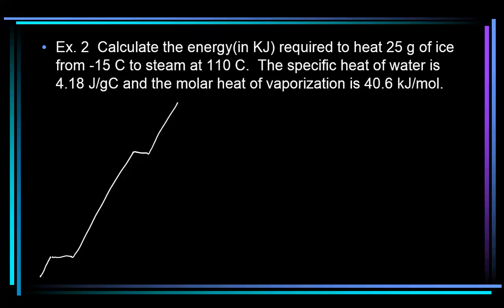25 grams of ice. First of all, what are all the different parts to this? 1, 2, 3, 4, 5. If you're ice, where are you? 2. That's okay, he's right, it could be at 2. 25 grams of ice at negative 15 degrees C, you're somewhere here.